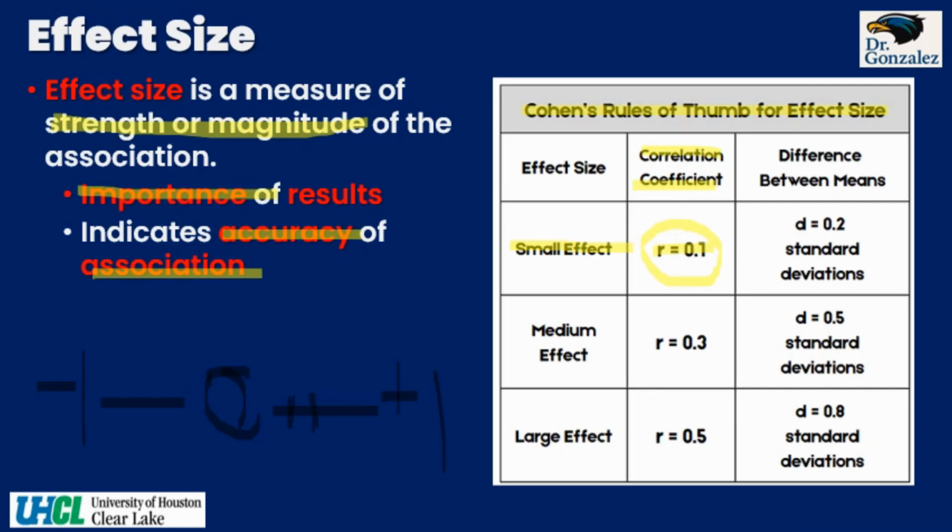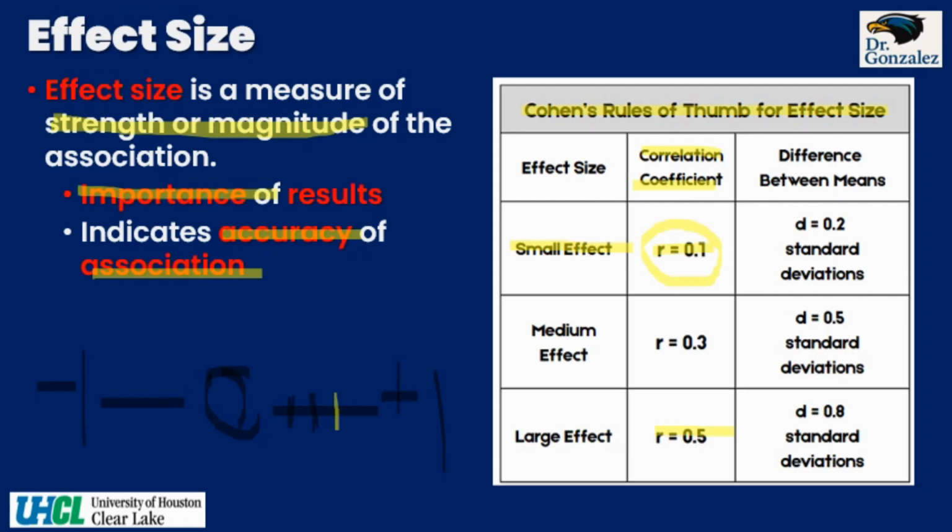So those two variables would be more highly correlated with one another. And then I get down here, r equals 0.5. That's halfway between 0 and 1. I get a large effect size, and the standard deviation is getting bigger. d is equal to 0.8 standard deviations, and that's your difference between means.